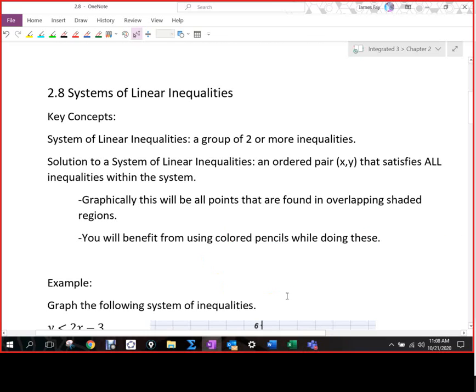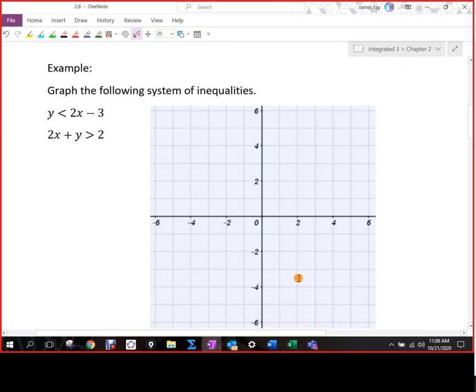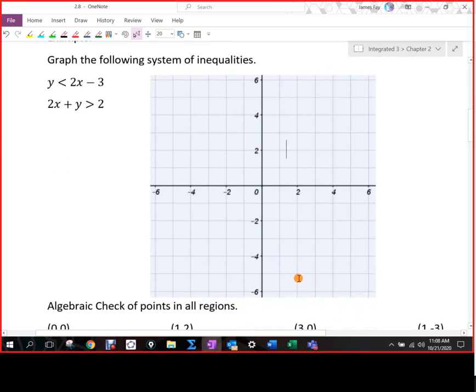Okay, so working with this first example. What we're going to have to do is first understand what it means to graph a line, which we've done before. And as we go through these examples, there are different versions of equations for us right now. This first one is in y equals mx plus b form, right?